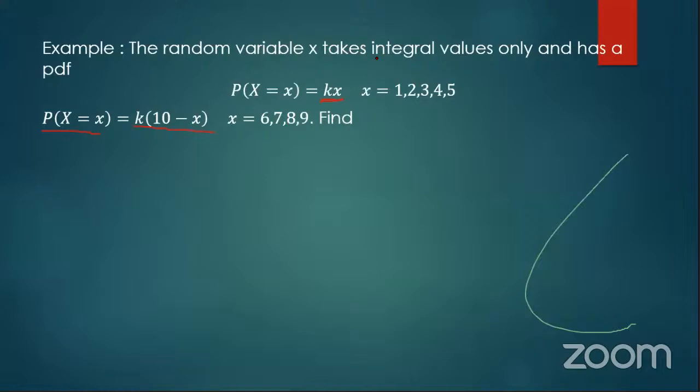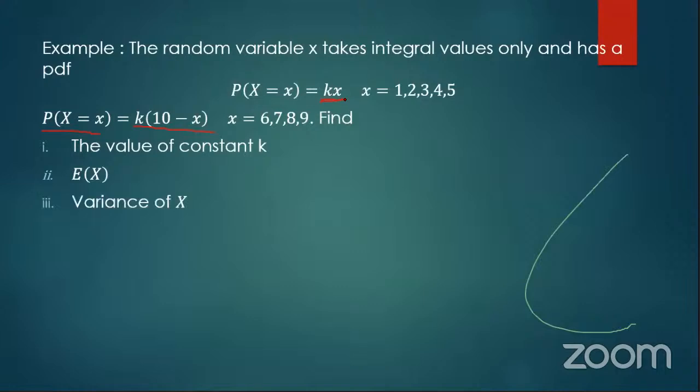We are told to find part A, the value of the constant k, the expectation of x, and the variance of x. So how will our table look? Which value to which value is it going to run?